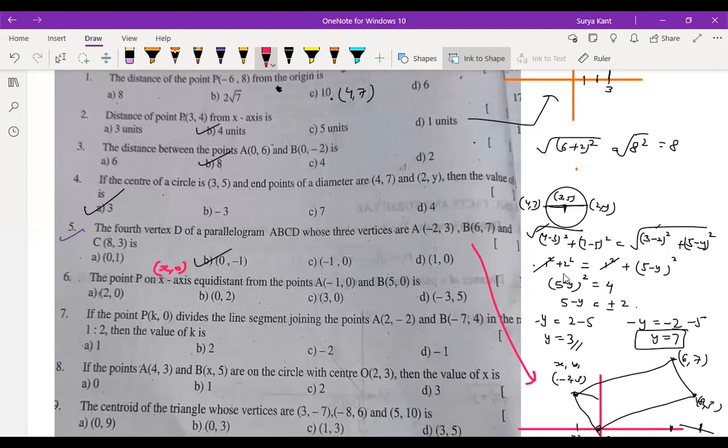A is the correct answer. Okay, fine. So what do you find, children? The distance between A and this point on the x-axis is equal to the distance from B to this point. You find both distances, then you make them equal and get the value of x, that is 2.